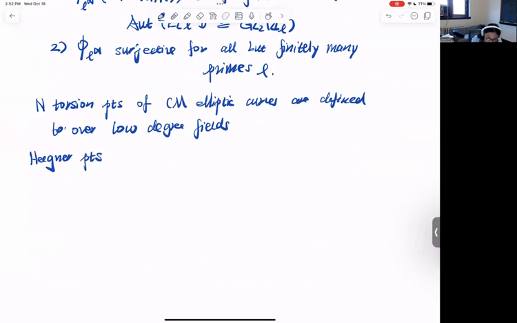Okay, so the idea is let me first define Heegner points. So let O in an imaginary quadratic field be an order.